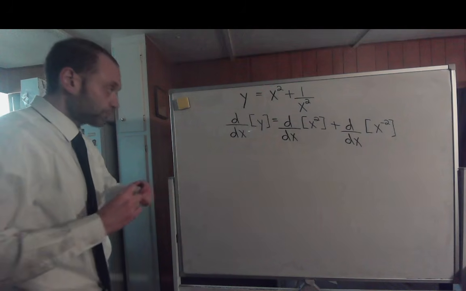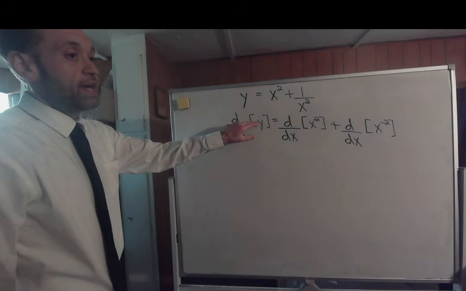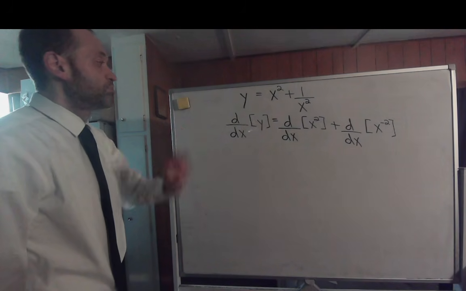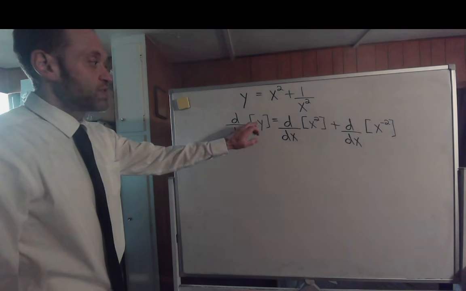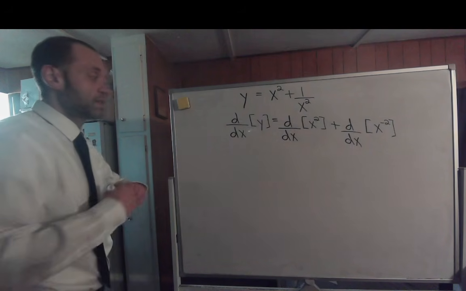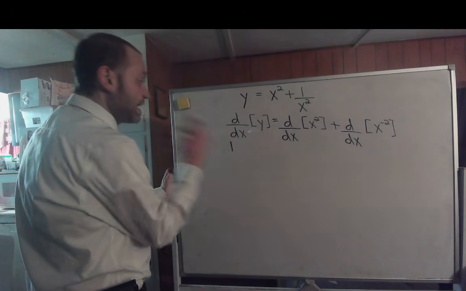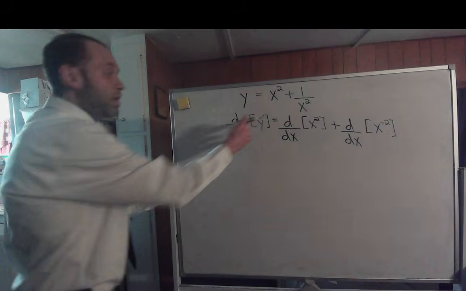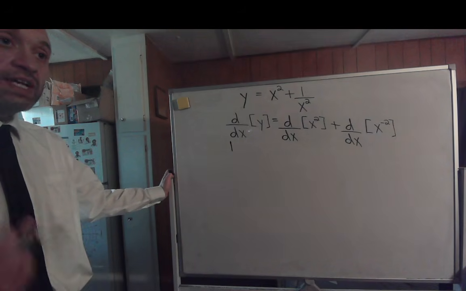Well, the derivative of y, okay? Pretend for a second that's x instead. If we have the derivative of x to the first, that's just 1, right? So you would end up getting 1. Now, that y itself is a function. That's not the variable you're taking the derivative of.